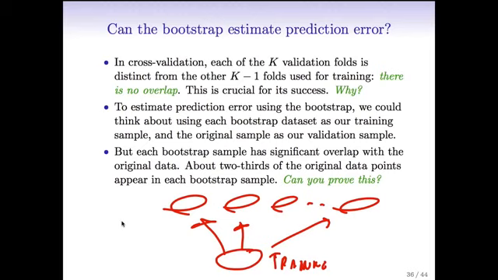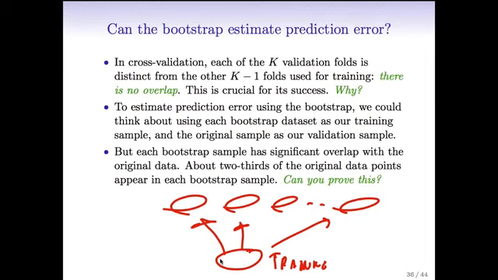This creates a problem because now I train here and then I do the prediction of the training set, and 2/3 of the points in this training set have already been seen by the model because they're in the Bootstrap data set. So on average, this 2/3 overlap means that most of the training points are not novel.